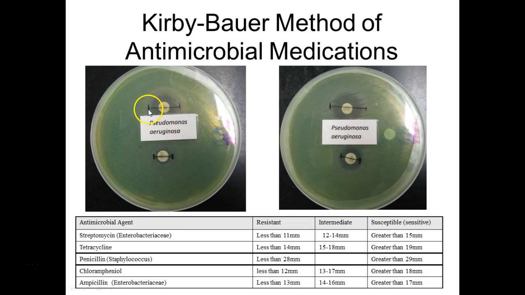The way this test runs is you measure the zone of inhibition to determine whether it's resistant, intermediate, or susceptible. But look at this disc right here, y'all. It didn't stop the growth at all. And you see how small these zones are? I think when we measured this, only one of these antibiotics was one the bacteria was susceptible to. It was resistant to all the others. So even though in this test we had a little bit of an inhibition of growth, it wasn't enough that you would give this antibiotic to a patient.